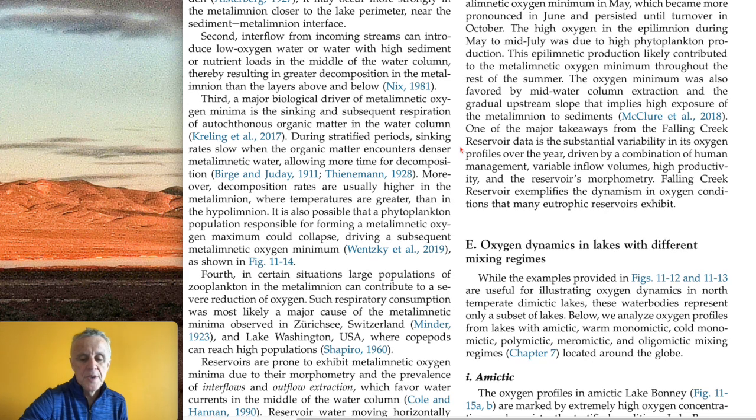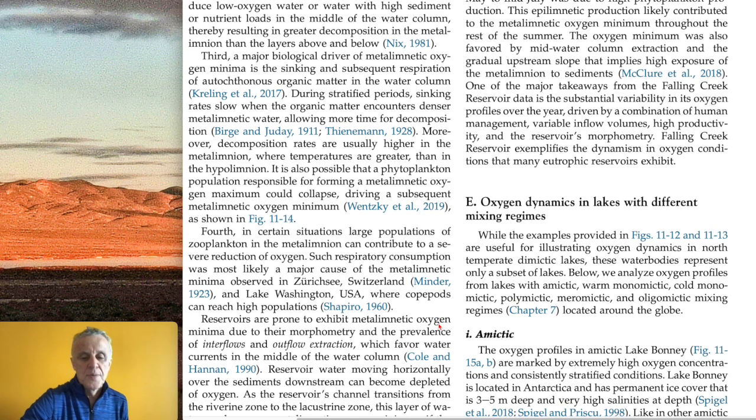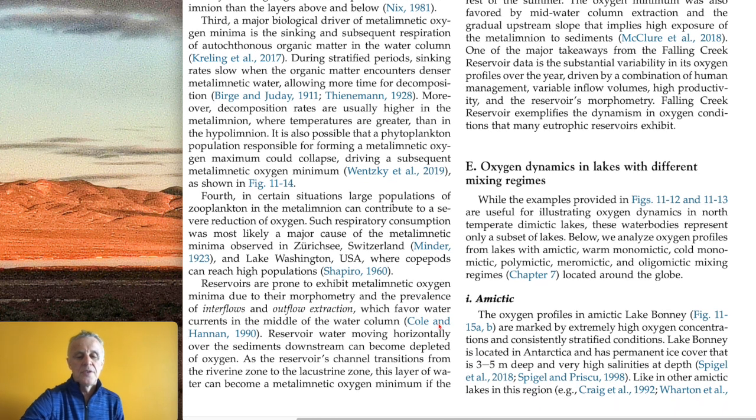Fourth, in certain situations, large populations of zooplankton in the metalimnion can contribute to a severe reduction of oxygen. Such respiratory consumption was most likely a major cause of the metalimnetic minima observed in Zürichsee, Switzerland, and Lake Washington, where copepods can reach high populations.